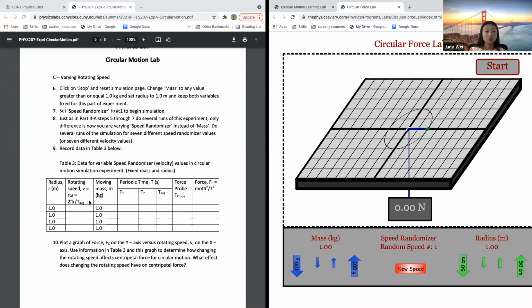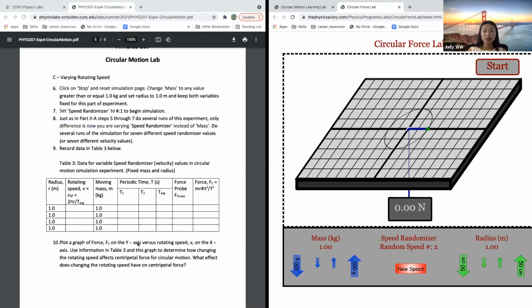And we don't really know the speed here. So basically we can use the speed randomizer to randomize a random speed. And we can click the new speed, and we have another speed.